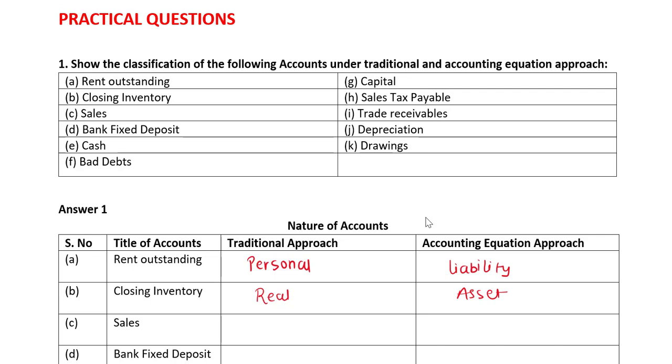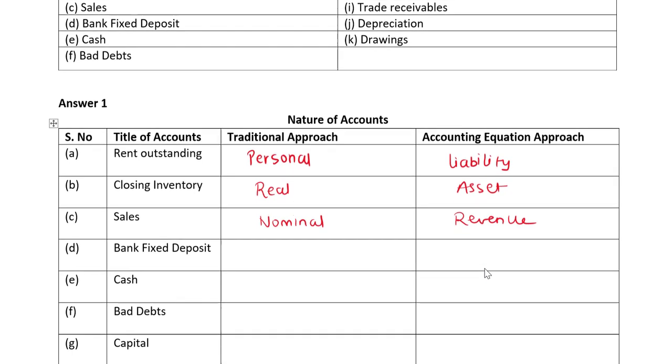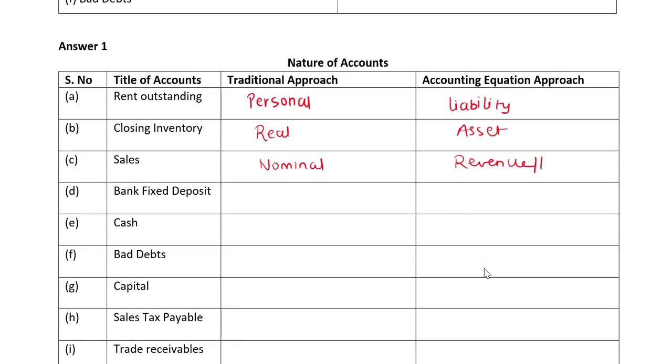If I talk about sales, credit all incomes and gains. So it is nominal account. Over here, as per the accounting equation approach, sales is income, that is revenue or income. Bank fixed deposit.